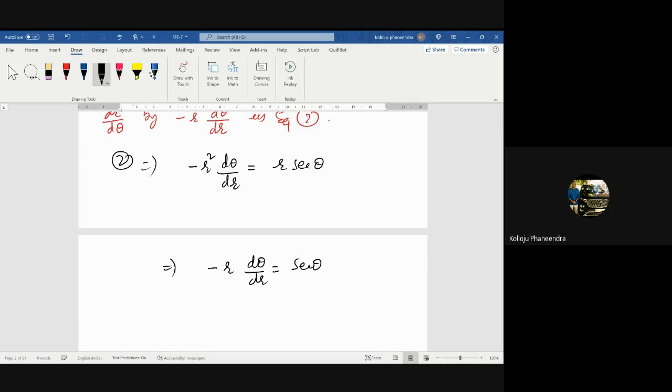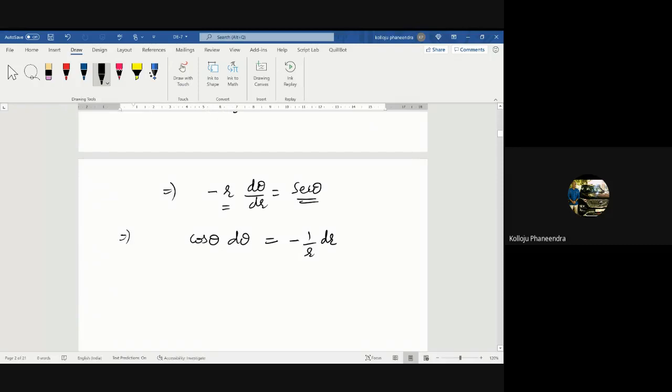Remember, not only our methods, intermediate techniques can also be used, that is variable separable. Here theta terms are on one side and r terms on the other, so I can separate the variables. Secant theta becomes cosine theta in the denominator, and this is minus 1 by r dr. So I will write 1 by r dr equal to minus cosine theta d theta, which is variable separable form.